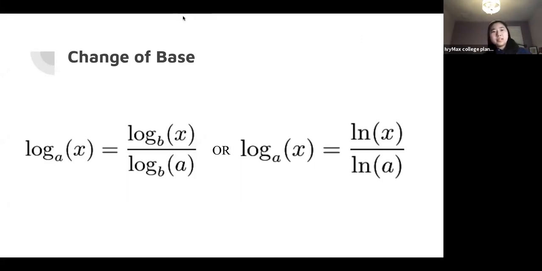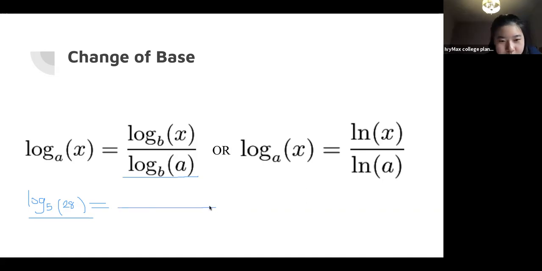Yeah, so let's look at an example right here. I will make one up actually. So log base 5 of x is 28. Here's your log, and you want to change the base. For b you can choose any number, but I recommend you choose 10, because log base 10 is just log.